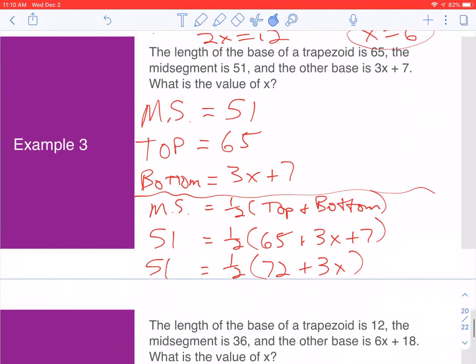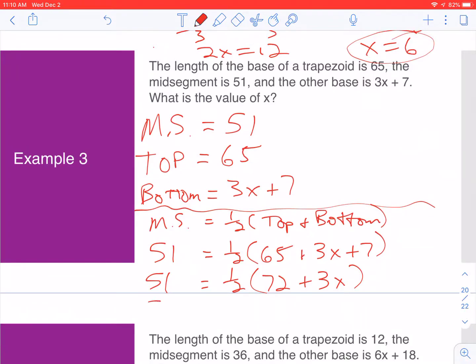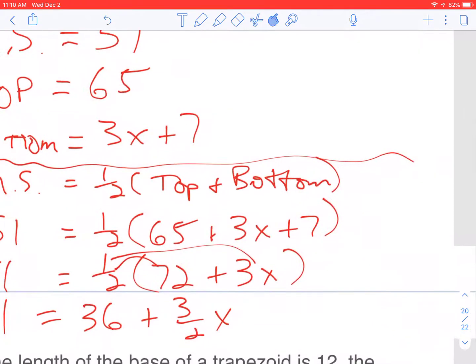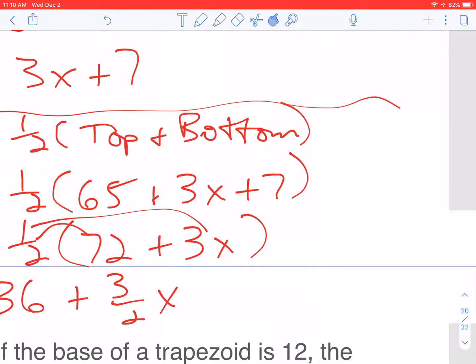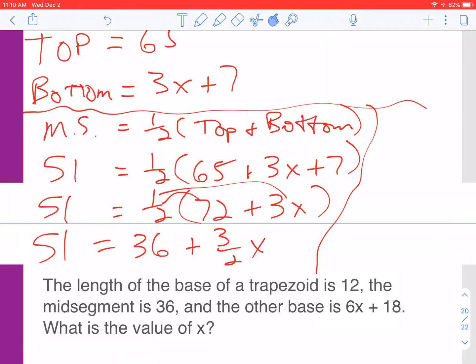Now I'm going to distribute the 1/2. 1/2 times 72 is 36. And then I just have to make a fraction here. I know we don't like fractions, but it's just a fact of life here. I'm going to subtract 36 from both sides.